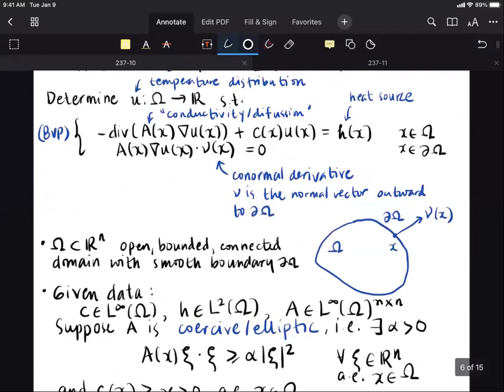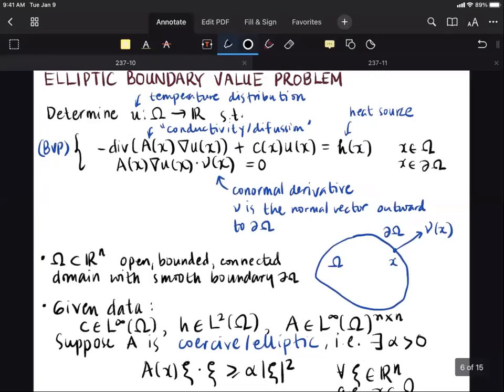In other words, these two equations here are satisfied for almost every x in the domain and x on the boundary.